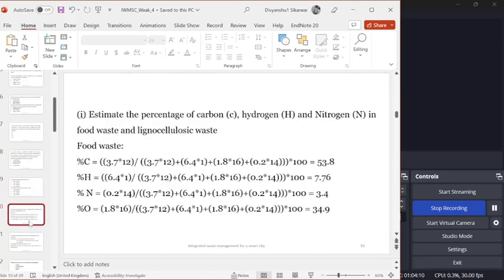Let's see the solution for the first part. In the first part, we have to estimate the percentage of carbon in the food waste.